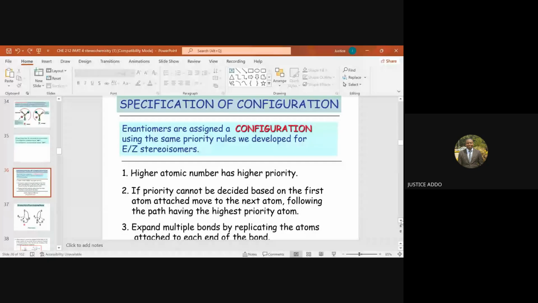The heavier one is given 1, then the lighter one is given the number 2. Then you go to the other carbon and apply the same rule. When the 1s are on the same side, we call it Zusammen, Z. And when the 1s are on the opposite direction, we call it what? Entgegen, that is E. So the same convention is what we are going to use here to assign these R and S configurations.